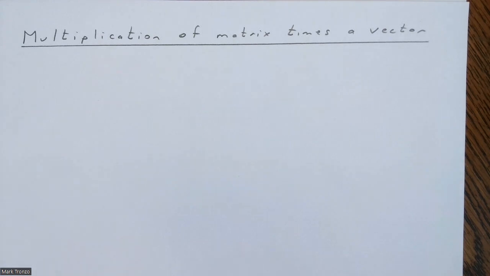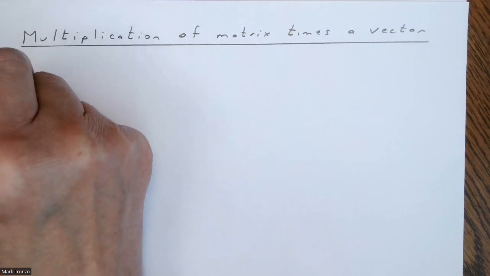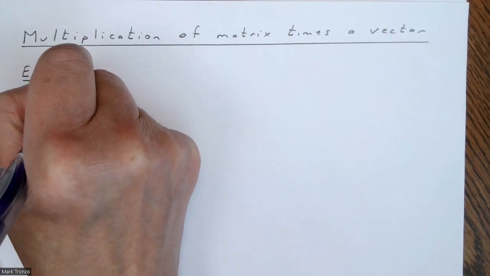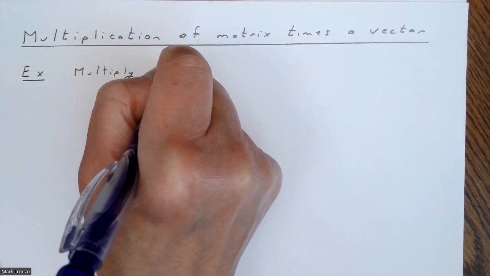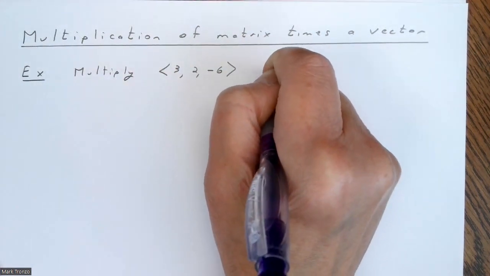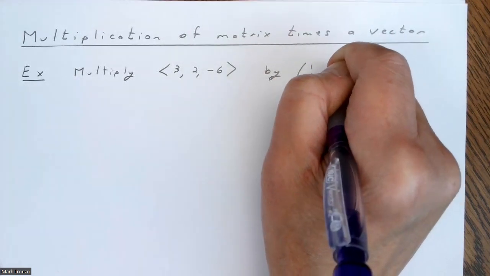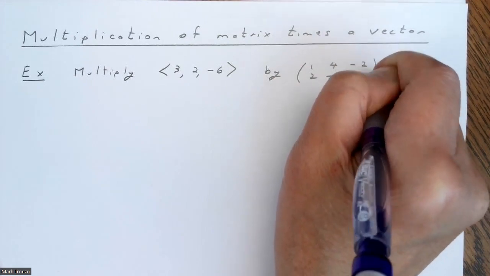Next, we're going to multiply a matrix times a vector. Now, remember, a vector is just a matrix with one column, is a way to think of this. So, for example, let's say you have something like this to say multiply the vector 3, 2, minus 6 by 1, 2, 4, minus 1, minus 2, 3.